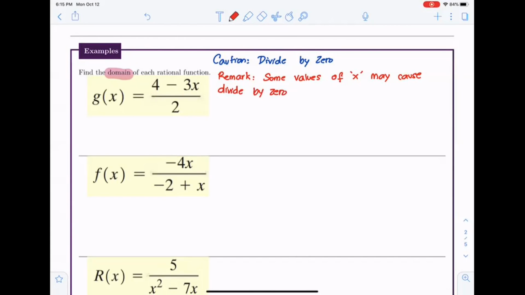Not all values, oftentimes some values of x may cause divide by 0 with rational functions.